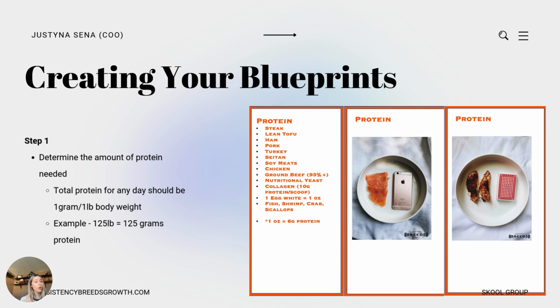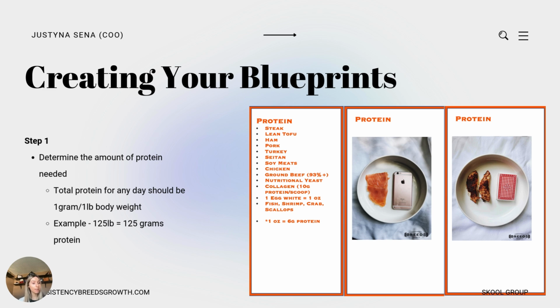And I say have around 125 grams of protein because in the CBG world, the CBG methodology, we try and make it as sustainable as possible so you do not hyper focus on hitting that exact number. Now, how do we do that? We make sure that when counting our protein, that protein is only coming from our protein source.